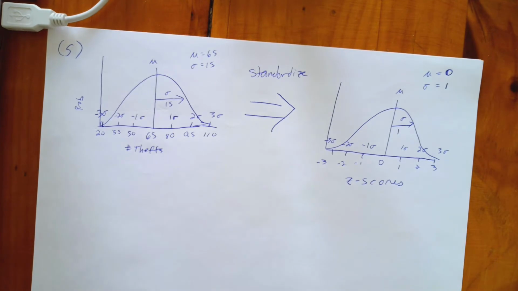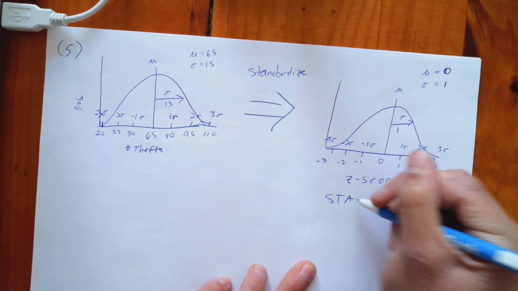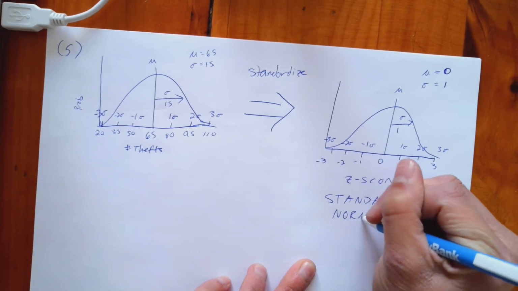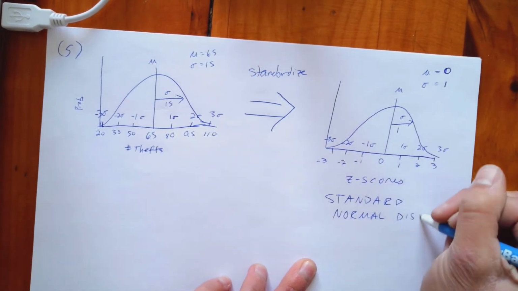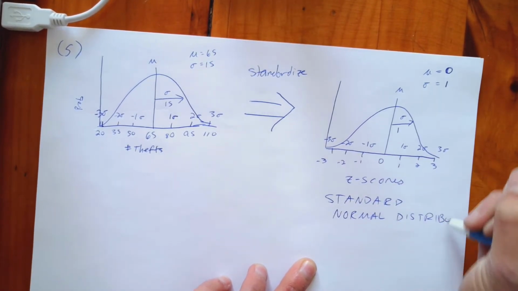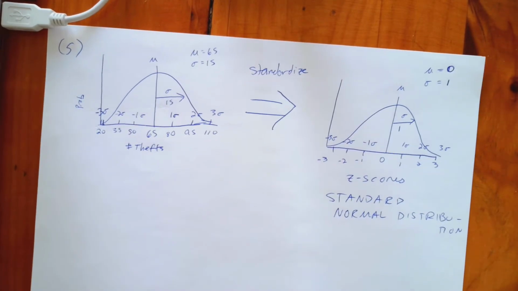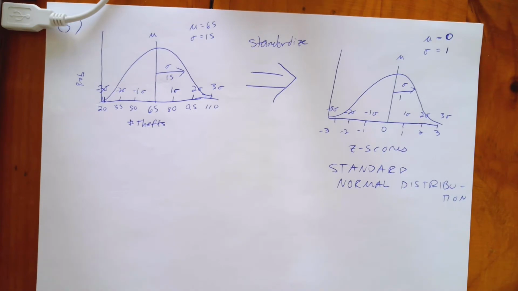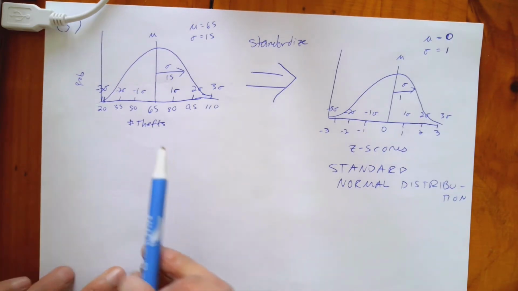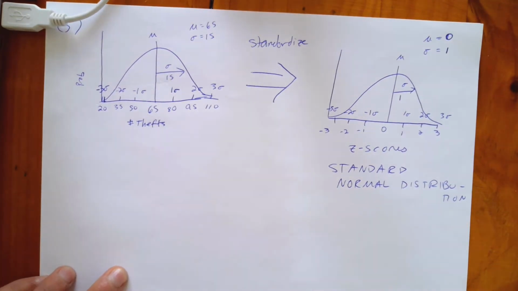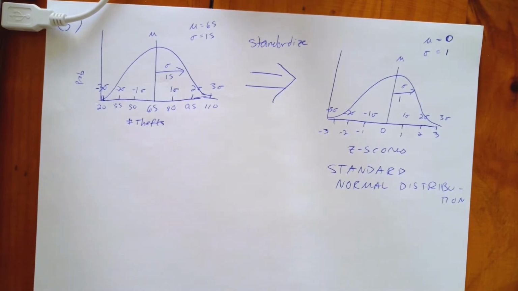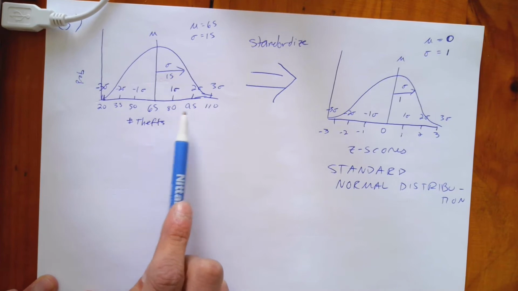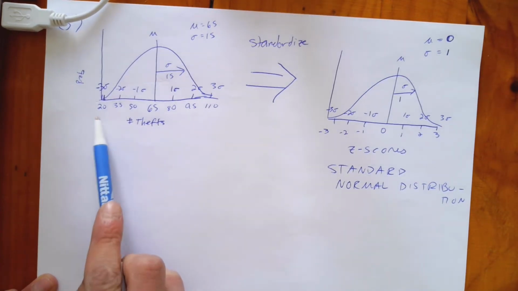So this is a standard normal distribution. And again, you can turn any normal distribution into a standard normal distribution by converting your different values to z-scores. And if you wanted to double check, you could always plug these values into the z-score equation, and you'll come out with 1, 2, and 3, and -1, -2, and -3.